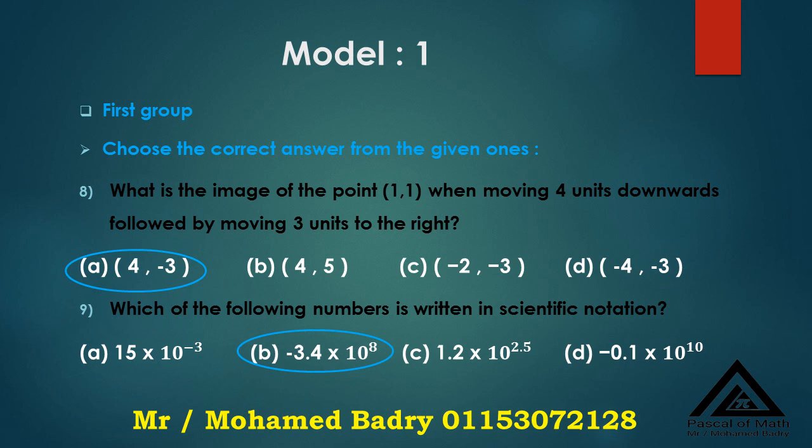Negative 3.4 times 10 power 8, because absolute value of negative 3.4 is 3.4 and the 3.4 is greater than or equals 1 and smaller than 10, and the power of 10 is 8, belongs to integer numbers, Z. The correct answer is B.